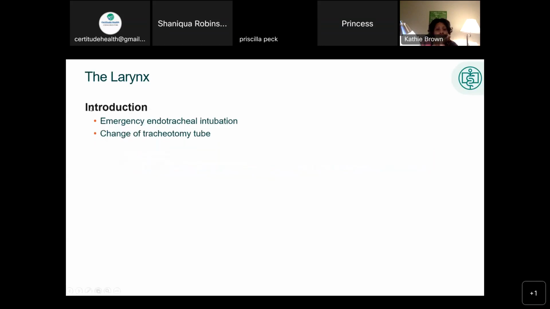Anytime you see that term radical, we also saw it with mastectomies. If they're removing the breast and the lymph nodes around it, that would be considered radical as well. The larynx, so introduction into the larynx. This is another good slide.